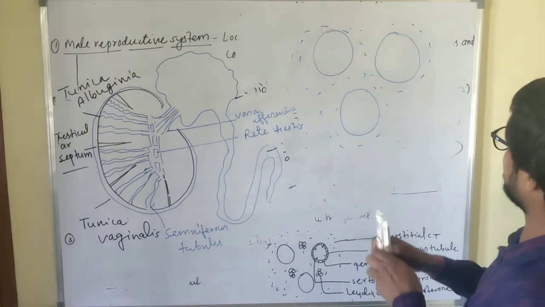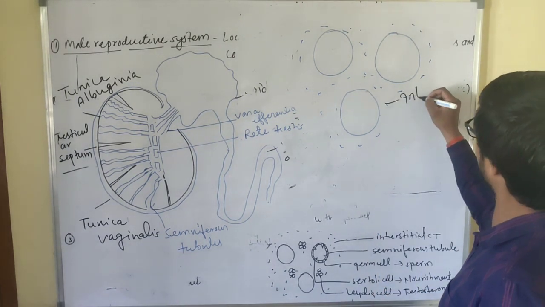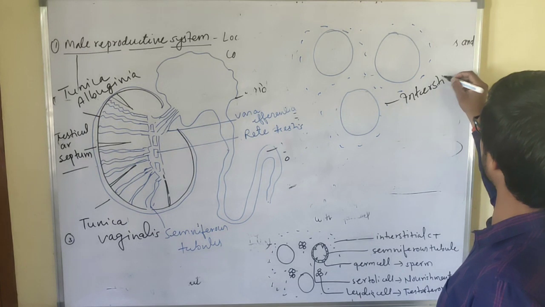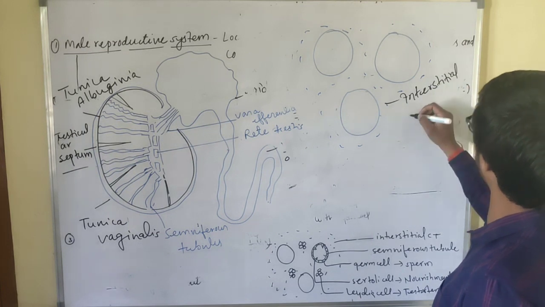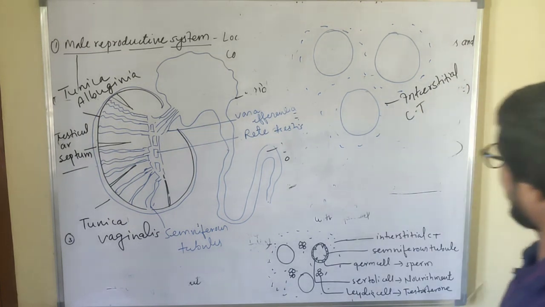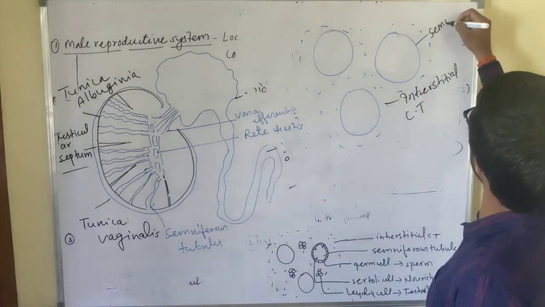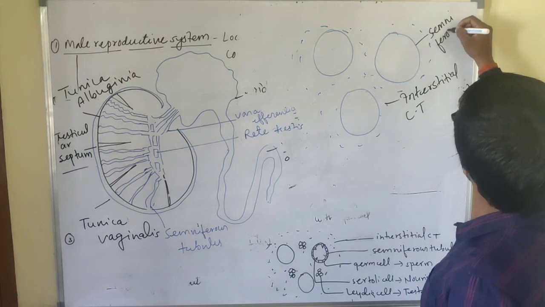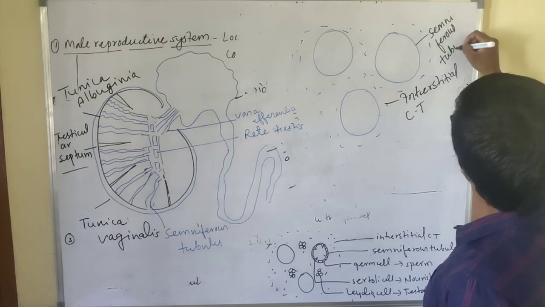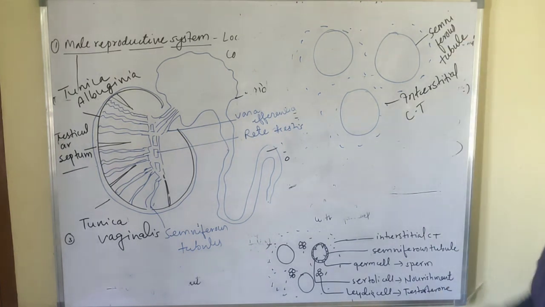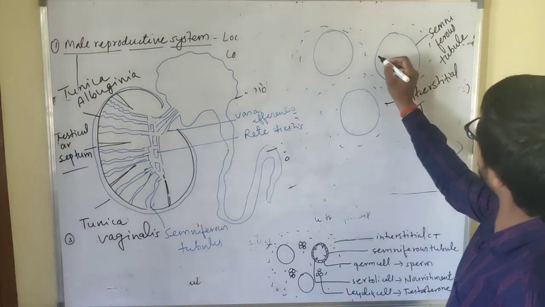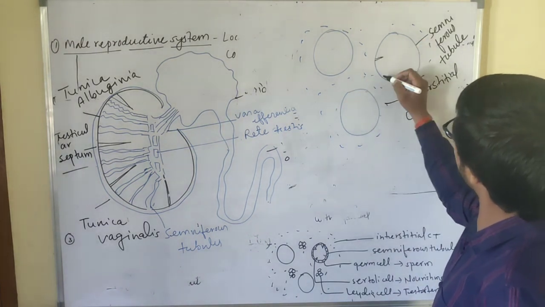These are the interstitial connective tissue, and we mention these coiled structures. These are seminiferous tubules, and inside the seminiferous tubule there are two kinds of cells.